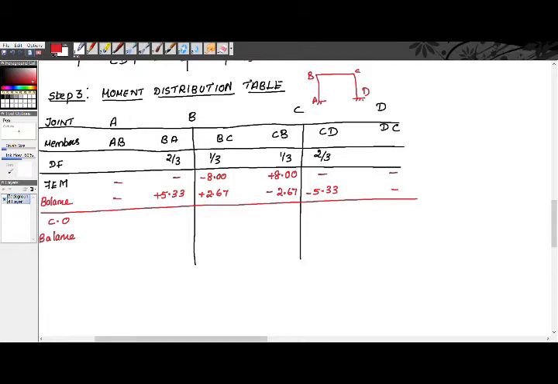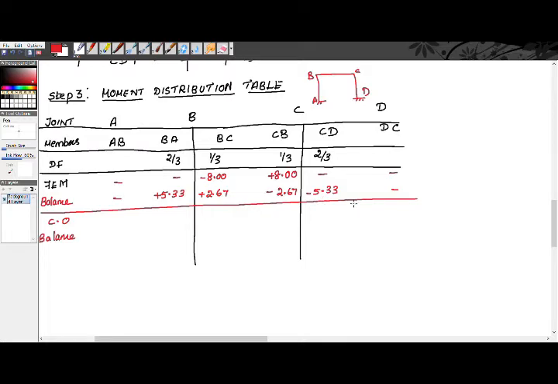So, for balancing, you put plus 2.67. Now, plus 8 into 1 by 3, we get plus 2.67. So, for balancing, it is minus 2.67. Plus 8 multiplied by 2 by 3, we get plus 5.33. For balancing, we get minus 5.33.